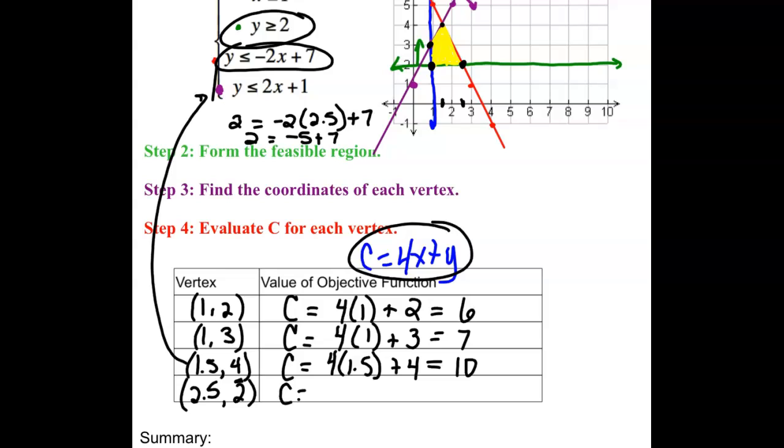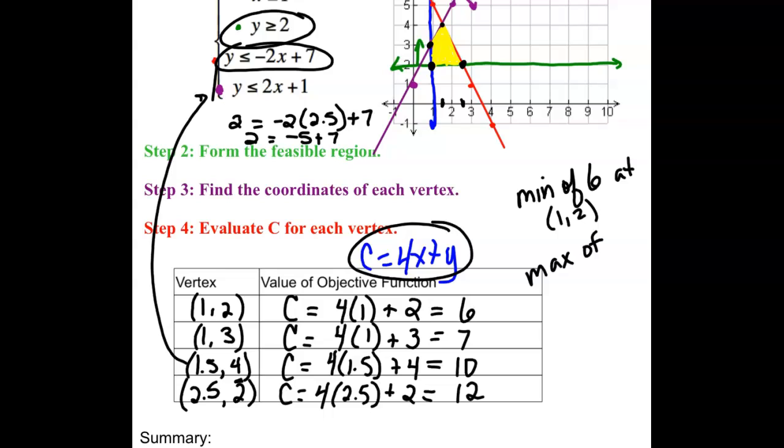And our last point, 4 times 2.5 plus our y coordinate. So 4 times 2.5 would be 10, plus 2 would give us 12. So we would say we have a minimum of 6 at the coordinates 1, 2, and we have a maximum of 12 at the coordinates 2.5, 2.